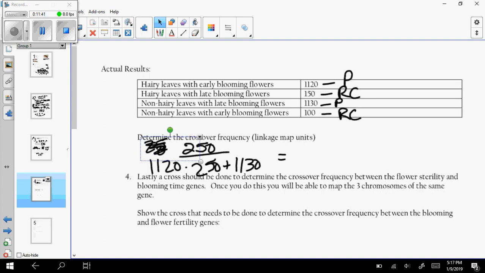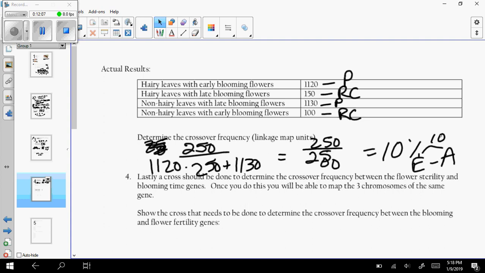Okay, so 1120 plus 250 plus 1130 gives me 2,500. So that's just going to be 10%, right? So 10%. So that tells me that my E's and A's are 10 apart.